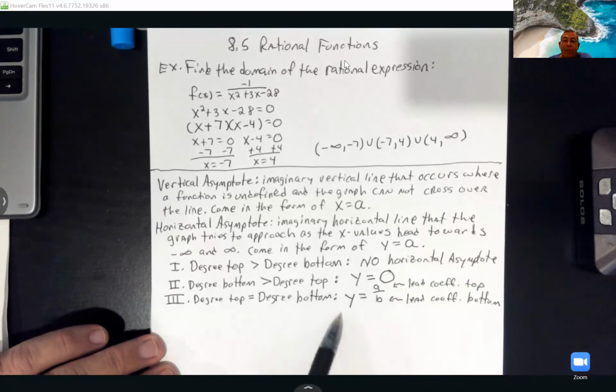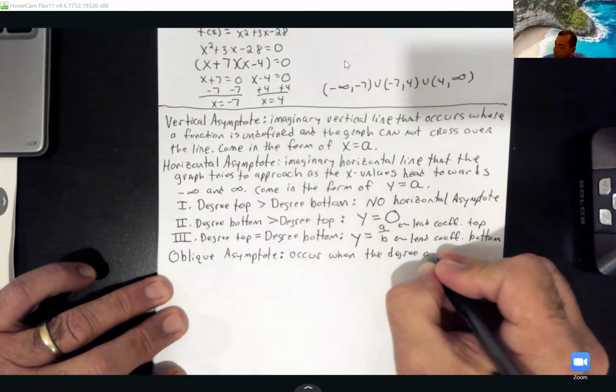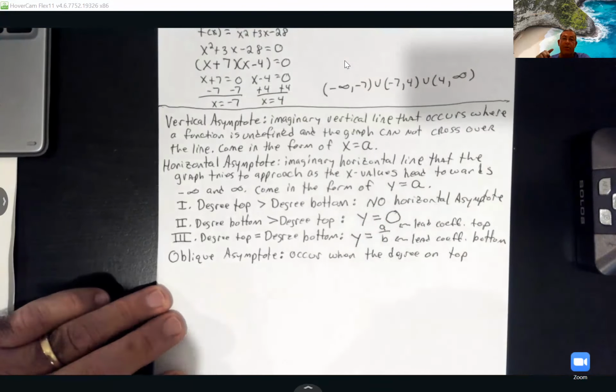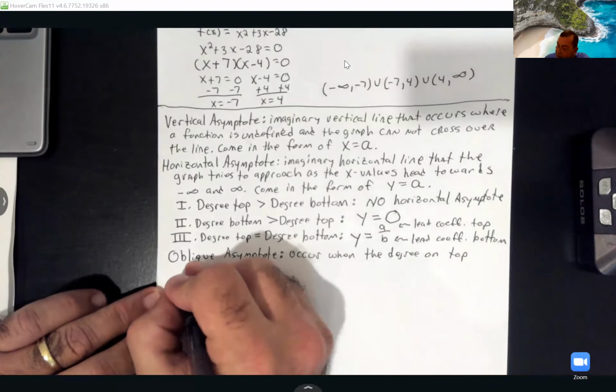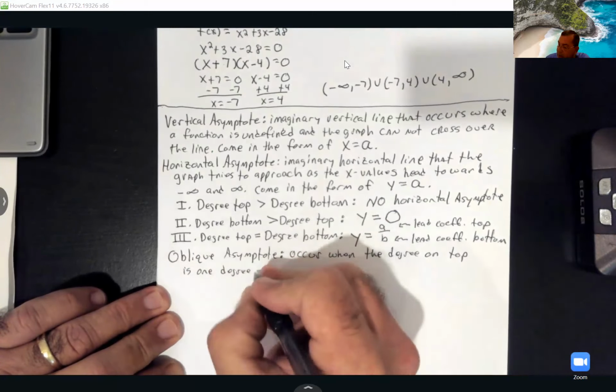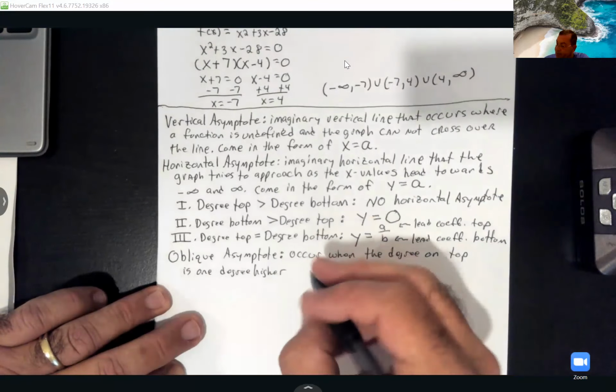Now, this is going to only occur when the degree on top is 1 degree higher than the bottom.